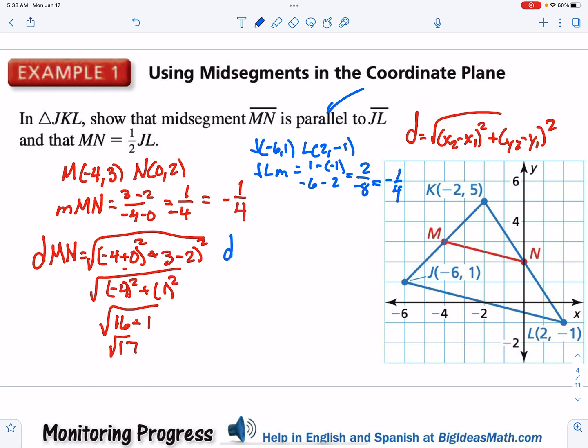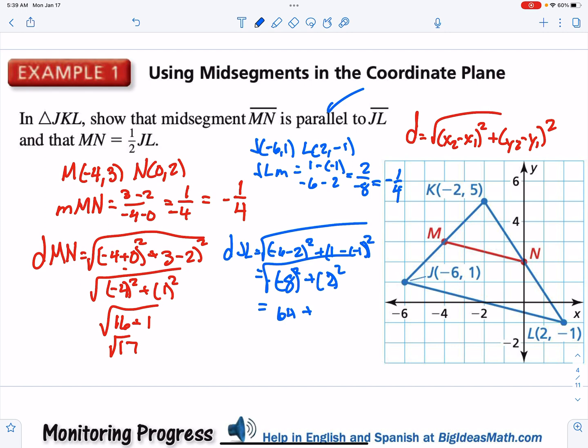The distance of JL is -6 minus 2 quantity squared plus 1 minus -1 quantity squared, all underneath the square root symbol. So we get -8 squared plus 2 squared, which is 64 plus 4.